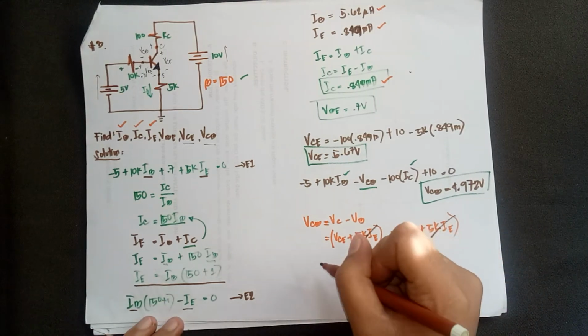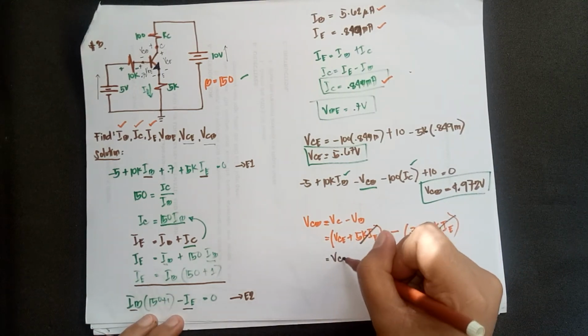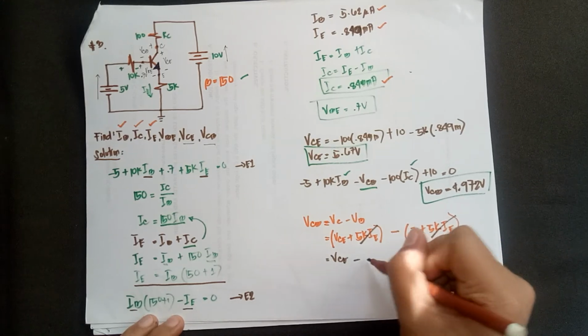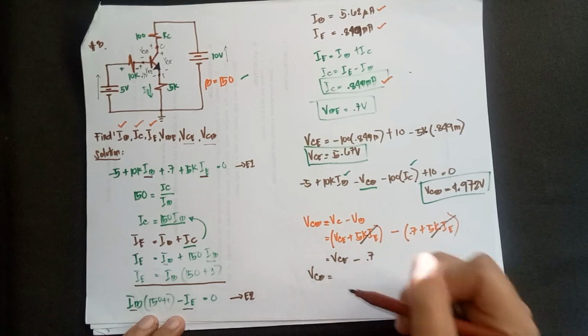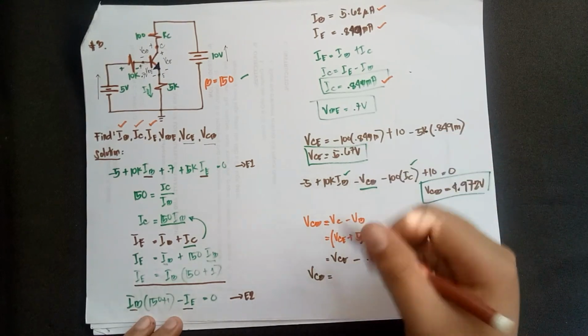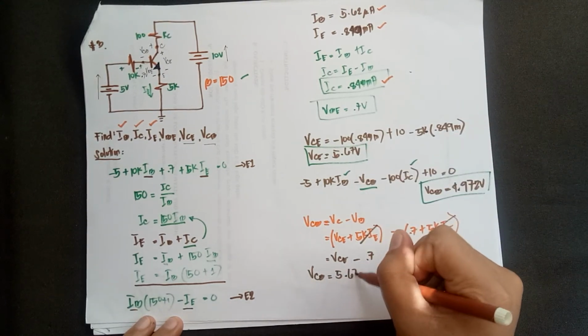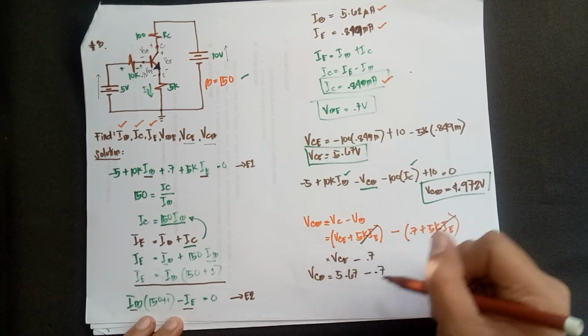So, we are left with VCE minus 0.7. That's gonna give us VCB is equal to VCE given na kanina 5.67 minus 0.7.